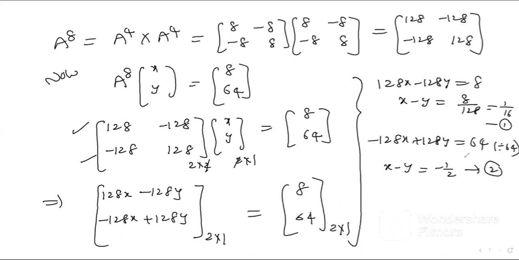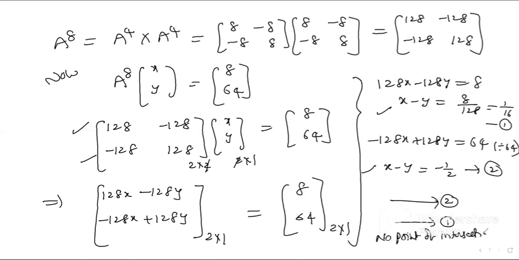This is the second equation. So the first equation and the second equation represent two straight lines. These two lines are parallel lines. Parallel means no point of intersection.